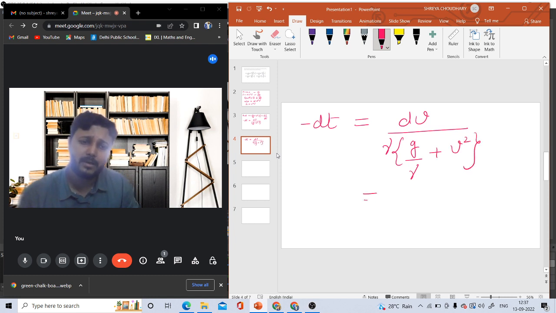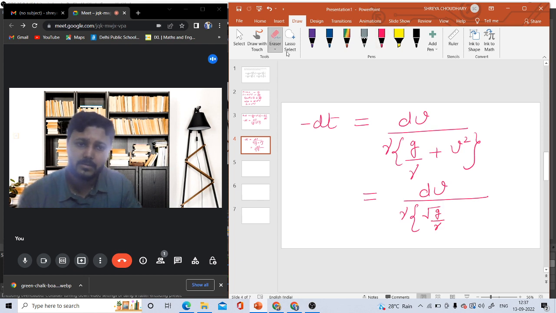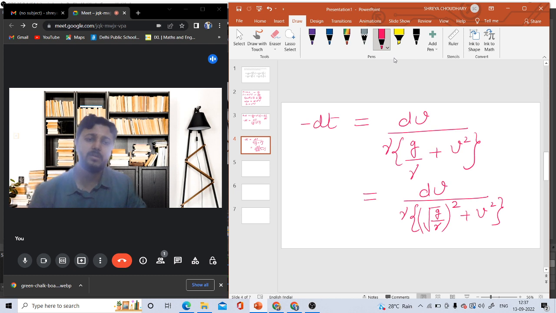This g upon gamma can be written as the square of under root g upon gamma, so the equation is minus dt equals dv upon gamma times ((under root g upon gamma) square plus v square).